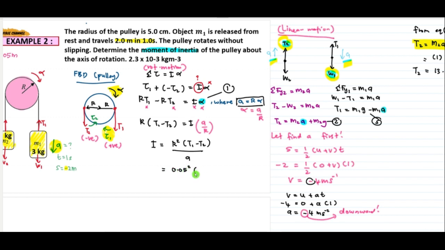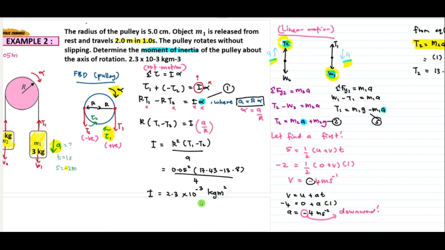Jangan lupa squared. T1 kita dah kira 17.43 minus 13.8. Alright, and acceleration here is equal to 4 meter per second squared. Okay, jangan masukkan negatif pula, nanti jawapan I kita negatif. Okay, moment of inertia mana ada negatif. Okay, and then use your calculator to calculate I. So finally you will find I is equal to 2.3 times 10 power of negative 3 kg meter squared.